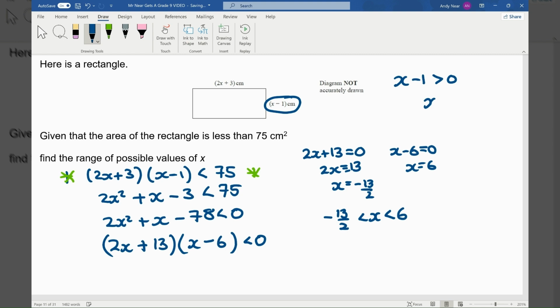So x, for the question to make sense, needs to be bigger than 1. So we need to change this to be that x has to be between 1 and 6. So that's a really tricky bit there to realise that minus 13 on 2 and the negative values, and indeed the positive values up to 1, would not work in this instance. So check that your answers make sense in the context of the question.